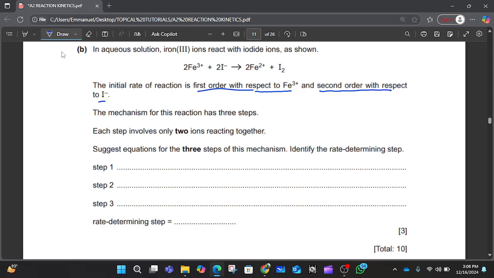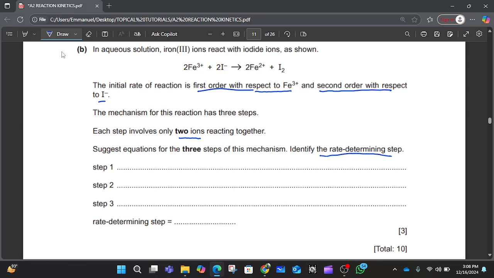The mechanism for this reaction has 3 steps. Each step involves only 2 ions reacting together. Suggest equations for the 3 steps of this mechanism. Identify the rate determining step for this reaction.